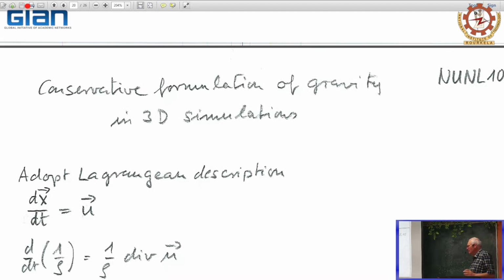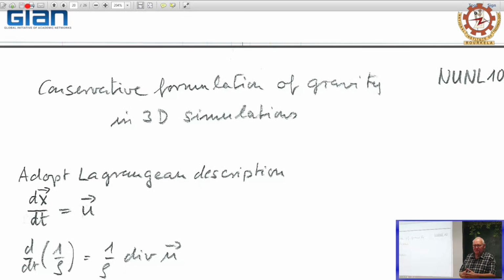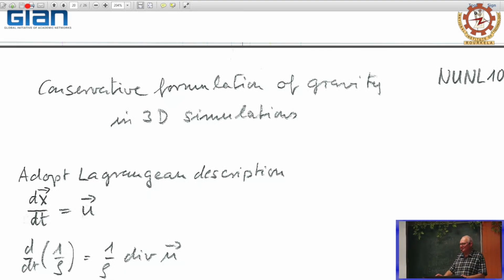I have to tell you, this is work in progress. We have achieved a conservative formulation of gravity in 3D, but we have not applied it to a particular system. So this is still work which needs to be done. Perhaps some of you would like to participate in this project.